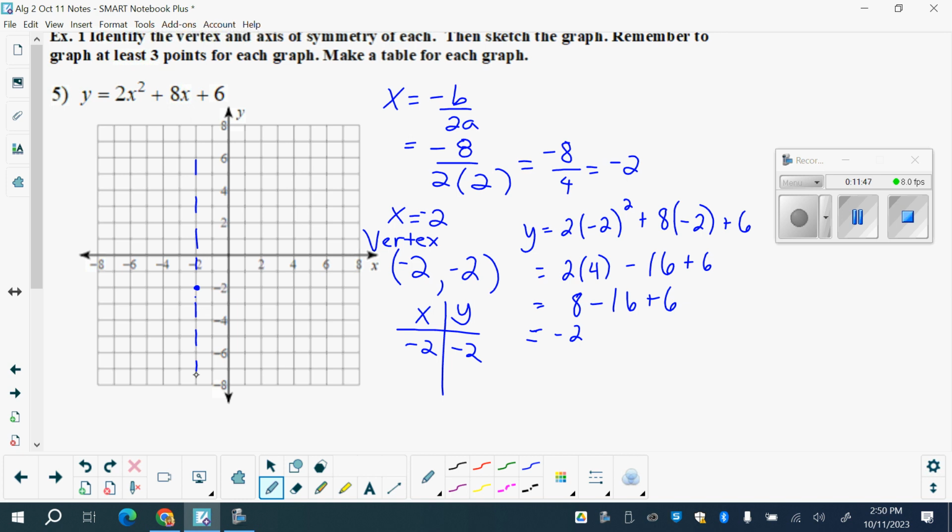So I heard negative 3. I heard a negative 1. I'm going to pick 0 just because I'd rather not deal with the negative. And that's still pretty close. And then it'd be easier for me not to make a mistake. So I get y equals 2 times 0 squared plus 8 times 0 plus 6.